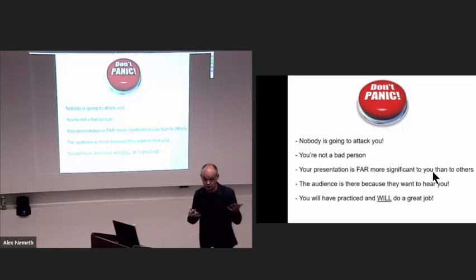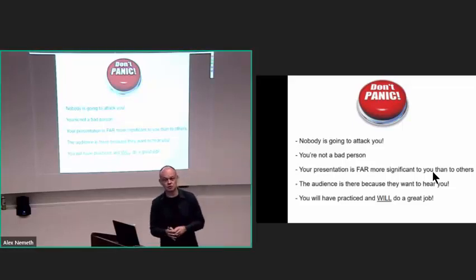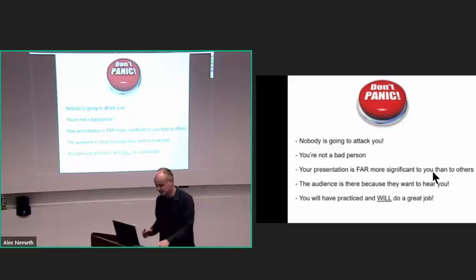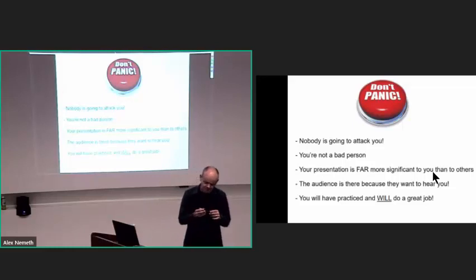Next, think about the props that you have when you talk. Number one, turn your phone off. I've been in talks where people get phone calls from their girlfriend in the middle of the seminar, and it's a bit distracting. Sometimes it's helpful to have a bottle of water to keep you moist.